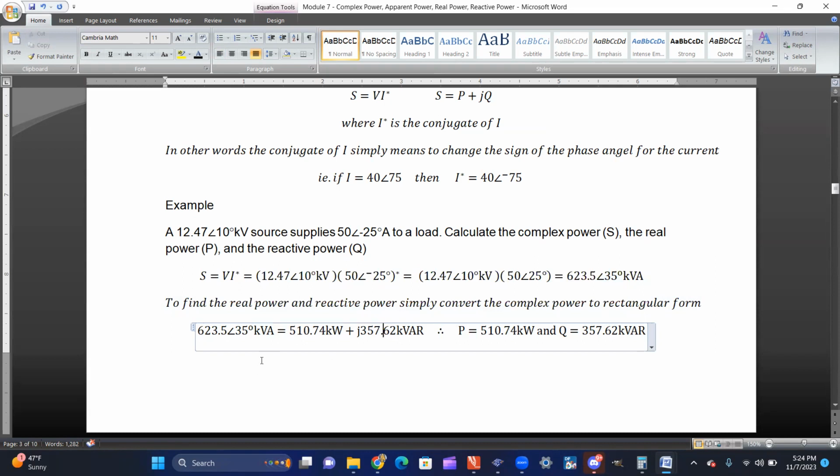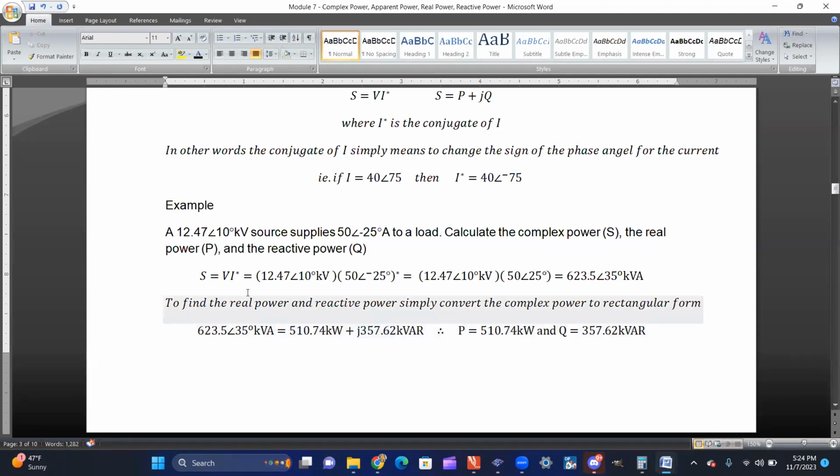If you break it out, you get 510.74 kilowatts plus 357.62 kilovars. The real part is your average power, and the imaginary part is your reactive power. You can break it out just like this.